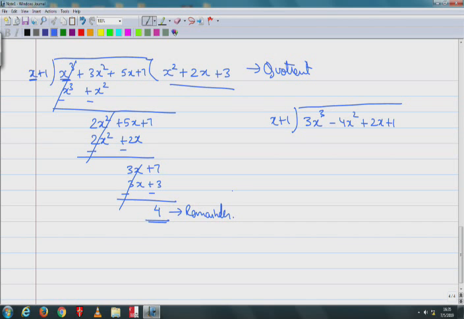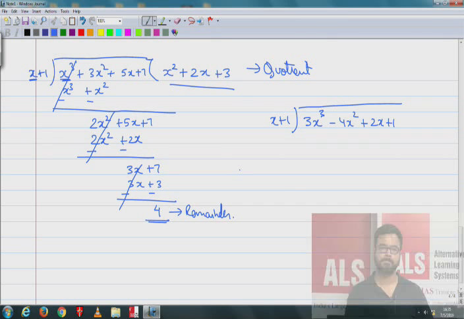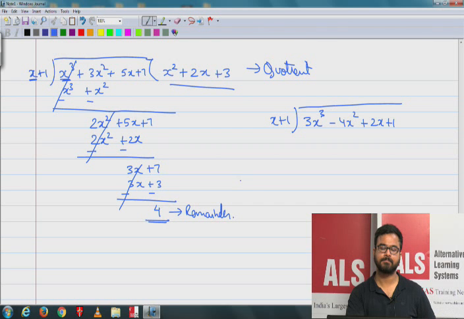All of you have solved? Okay, that's great. So I am solving this one.